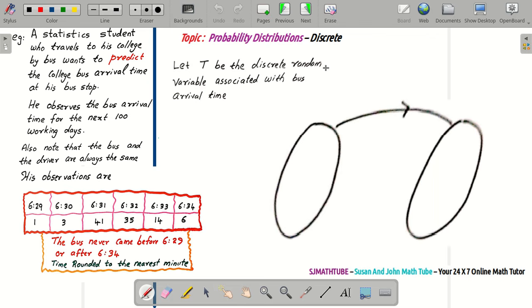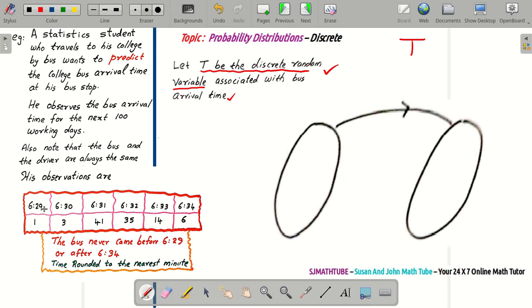Look at this. Now we have a random experiment. And we create the random variable. Do you remember I told you before? Random variables will be denoted by capital alphabets. So T is the discrete random variable associated with arrival time. So what are the possible values of capital T?